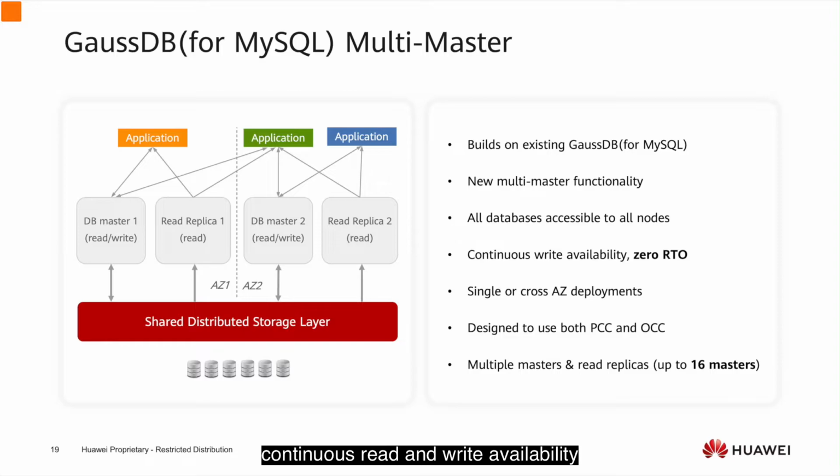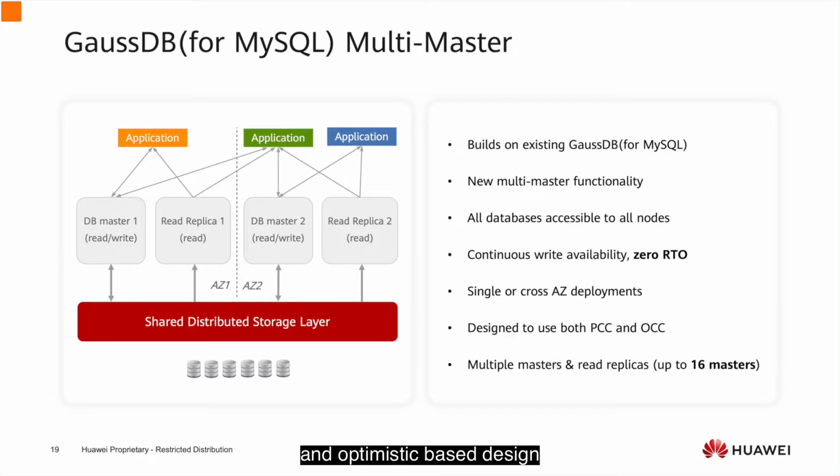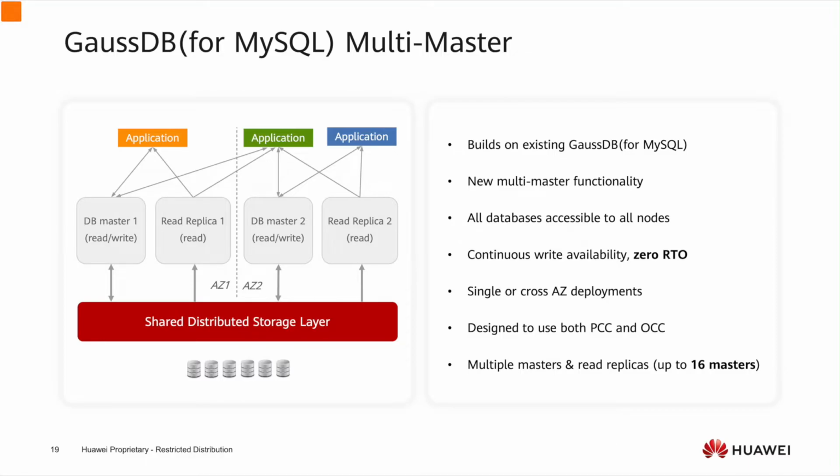Continuous read and write availability offers 0 RTO, recovery time objective. It combines the best of the lock-based pessimistic concurrency control and optimistic-based design. Each of the approaches works best for certain cases. GaussDB makes smart decisions on which approach to use.